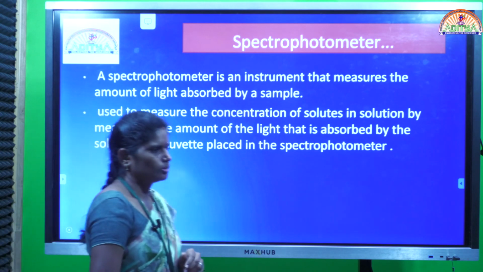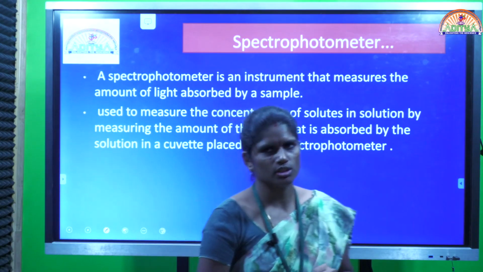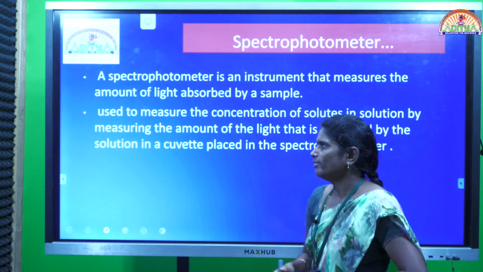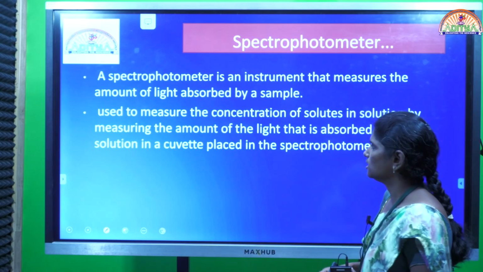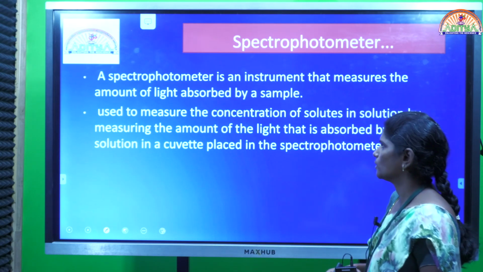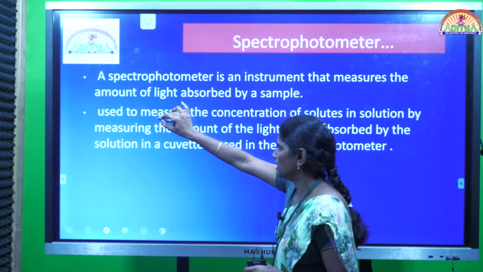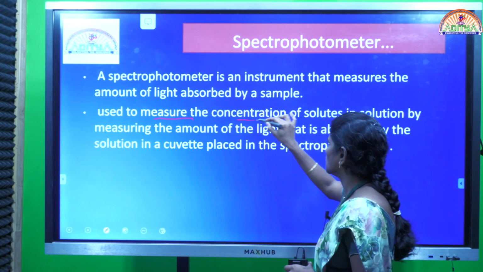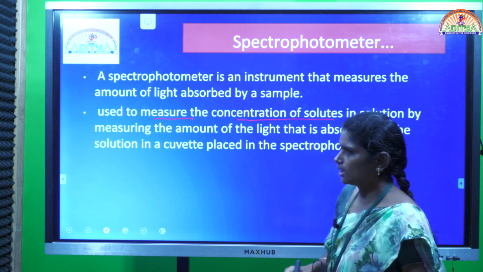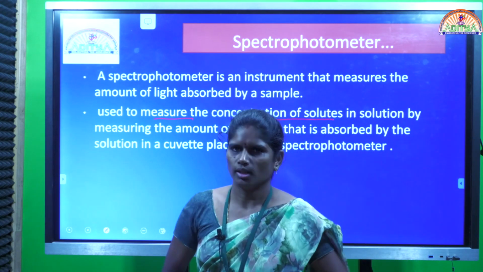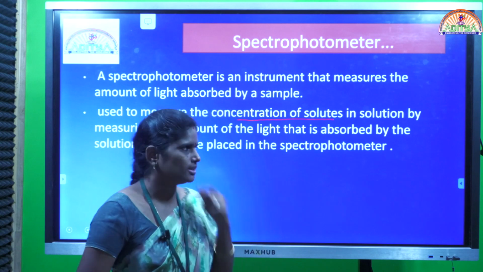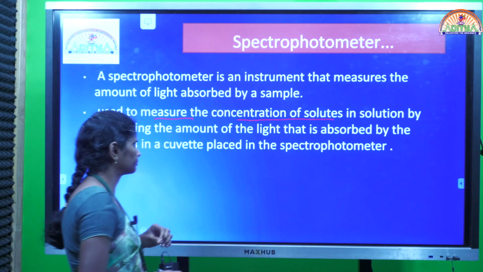Spectrophotometer is the term commonly used for the instrument which is able to measure the amount of radiation absorbed by the sample. These instruments are helpful in measuring the concentration of solutes in the given sample based upon the amount of light absorbed by the sample molecules.